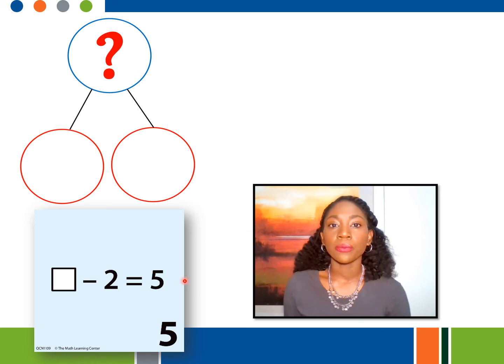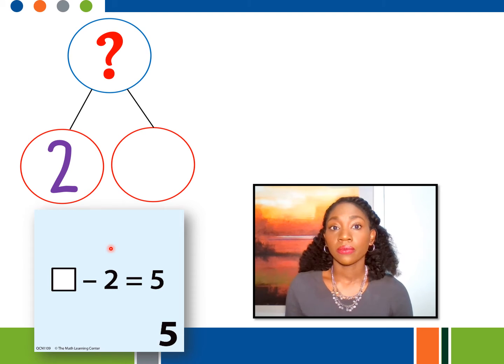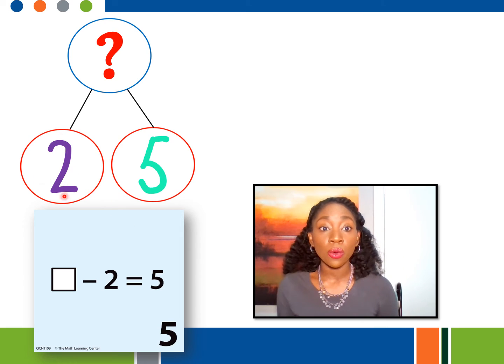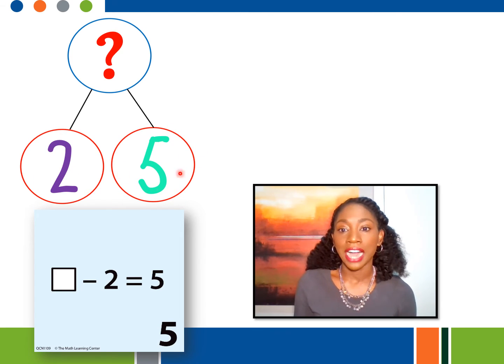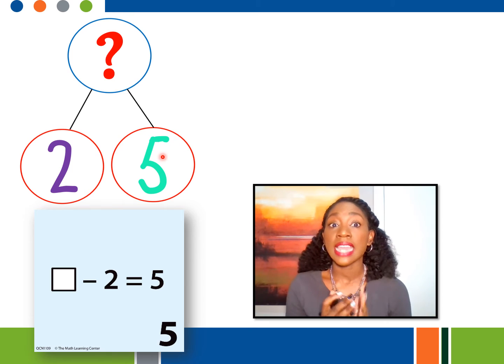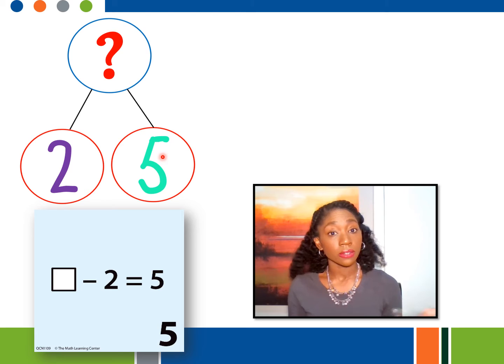So my word problem for today is: Amber gave 2 pencils to her friend Leah. Now, Amber has 5 pencils. So she gave 2 away and she has 5. I want to know how many pencils did Amber have to start?